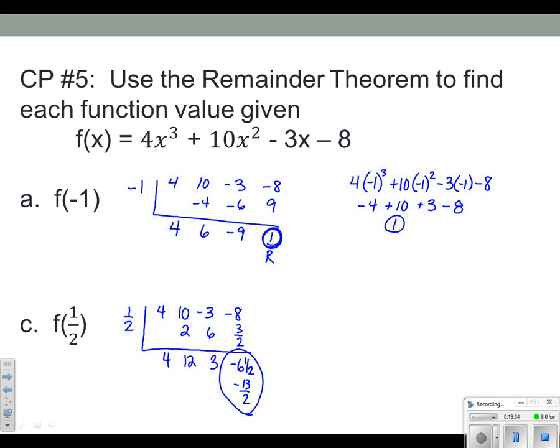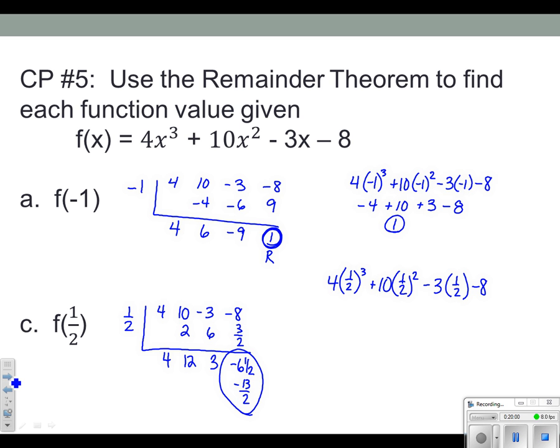Let's check it through with evaluating our function at 1/2. So 4 times 1/2 cubed, I'll jump ahead here, plus 10 times a half squared, minus 3 times a half, minus 8.